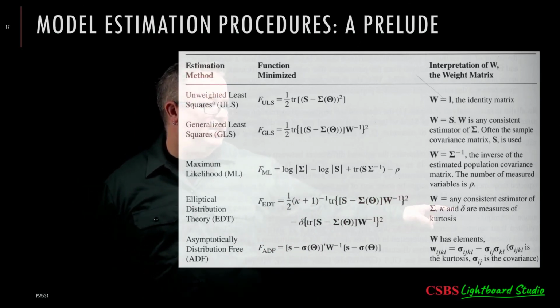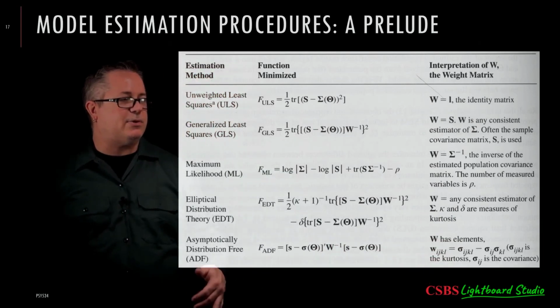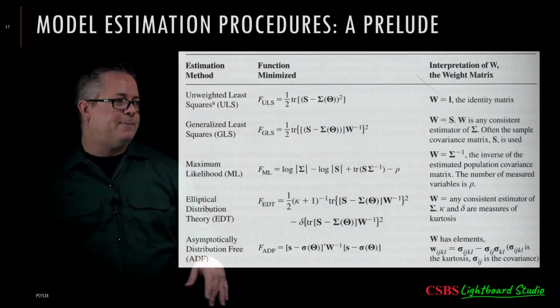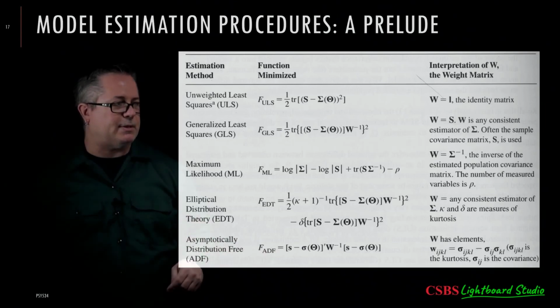K, and I believe that's delta, are measures of kurtosis. W in this one is this nuts thing down here, where it's looking at the kurtosis of the values, the things that actually make it non-normal, and it tries to adjust them out so that the distribution doesn't have the impact on it that it would in these other ones.